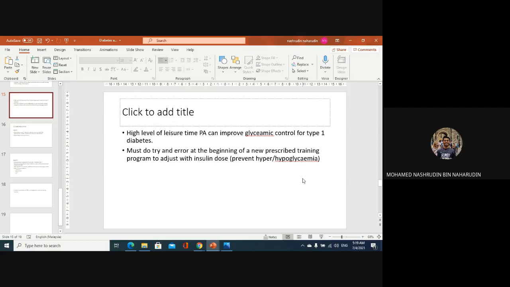And if you can afford it, you can buy a glucose meter and glucose strips, and monitor their glucose level in the first few days or few weeks of your initial training program, and try to understand their condition, what kind of exercise they can tolerate, and what dosage of insulin they need to take before they perform the exercise.